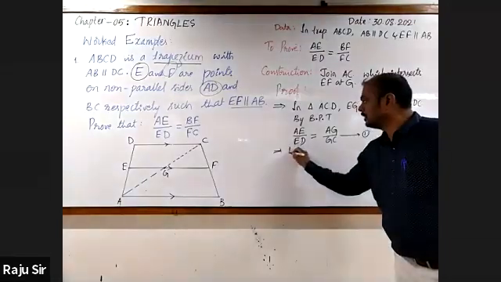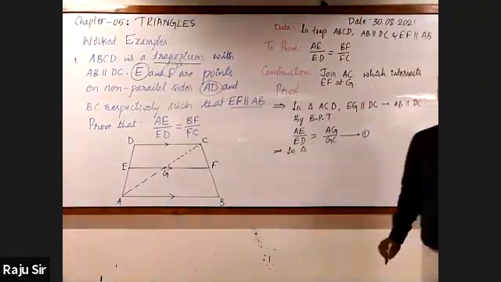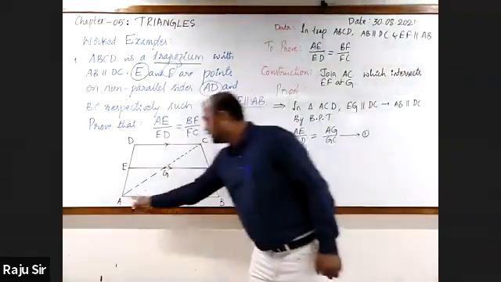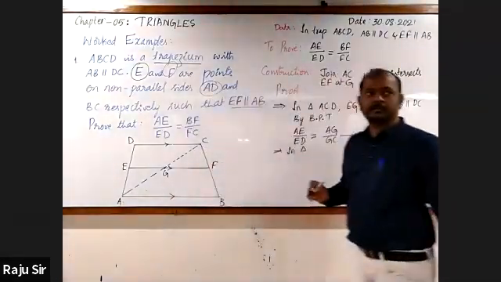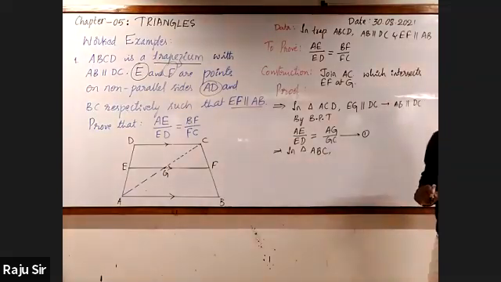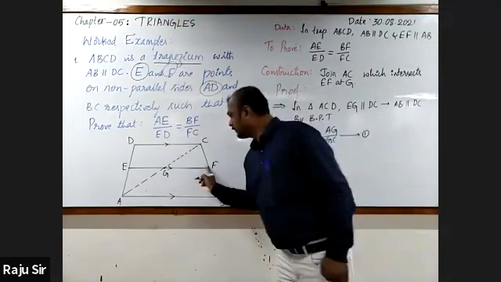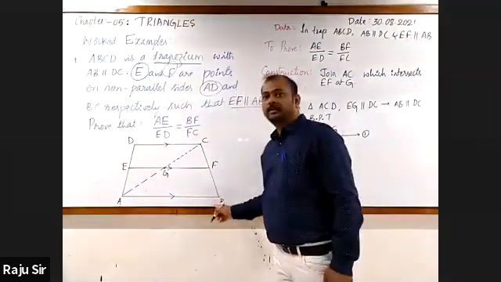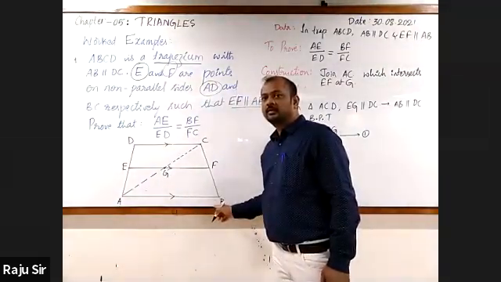Next, let us go for taking another triangle, triangle ABC. In triangle ABC, GF parallel to AB. Reason?